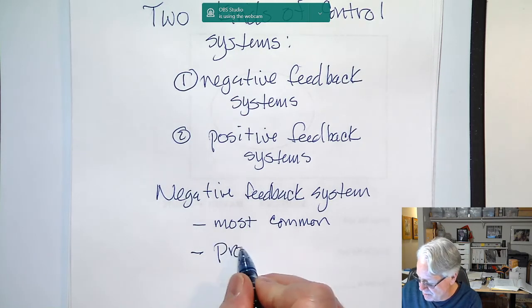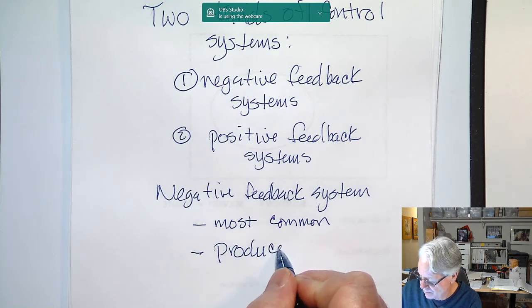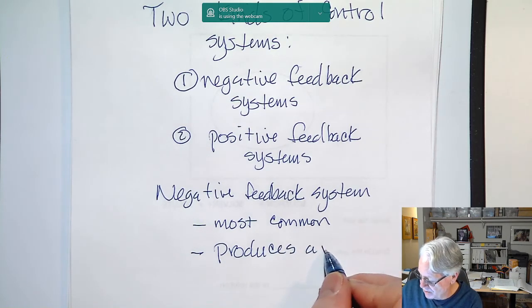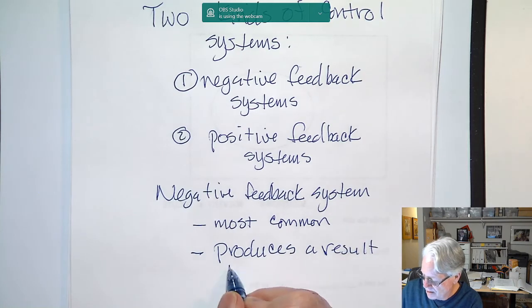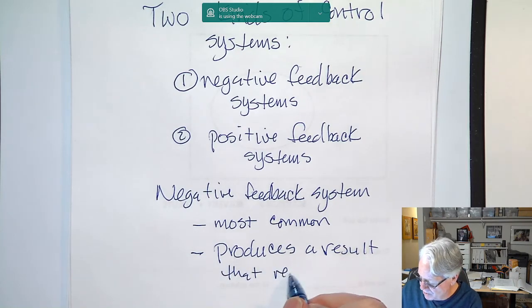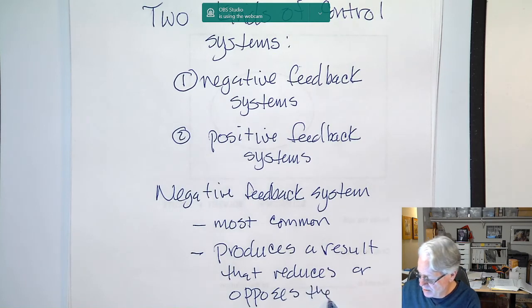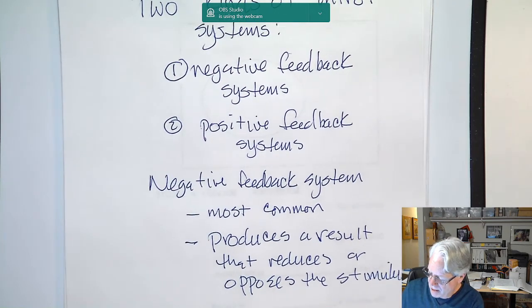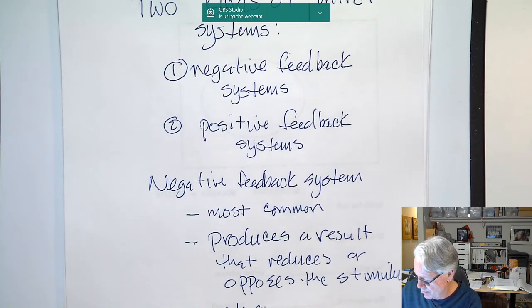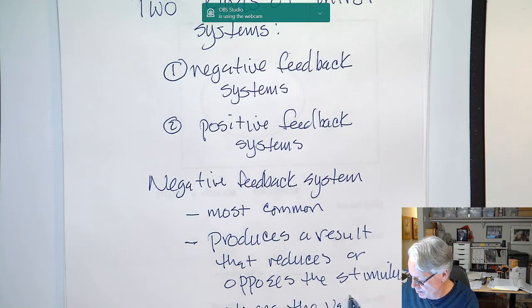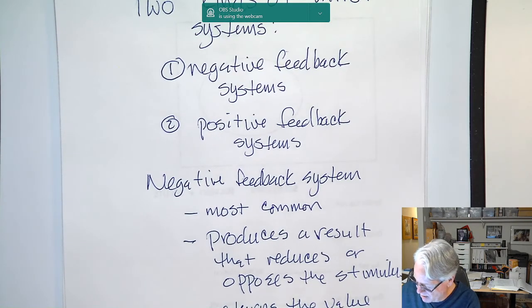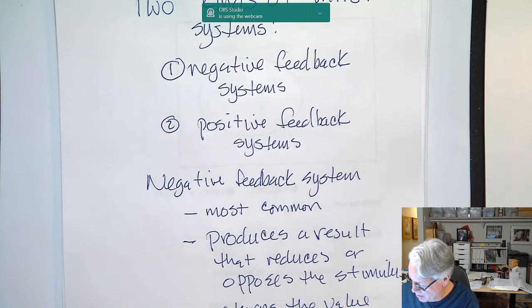So it produces a result that reduces or opposes the stimulus and returns the value back towards its normal range.